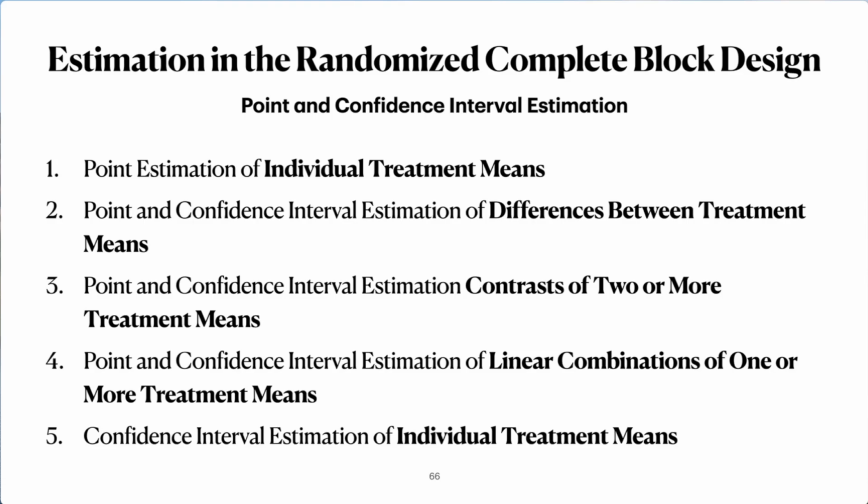After that, we'll look at point and confidence interval estimation of differences between treatment means, then contrasts of two or more treatment means, then linear combinations of one or more treatment means. And then finally, we'll work our way back to the individual treatment means, and see how to construct confidence interval estimates for those.